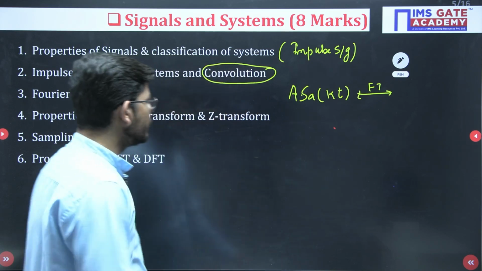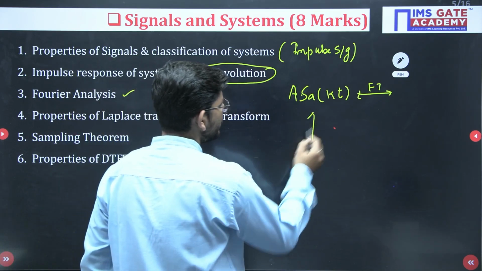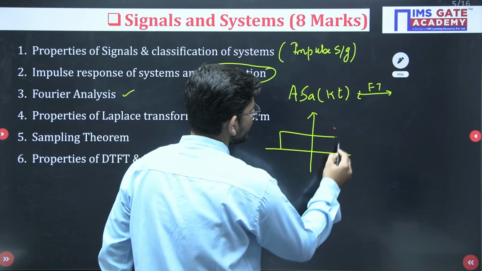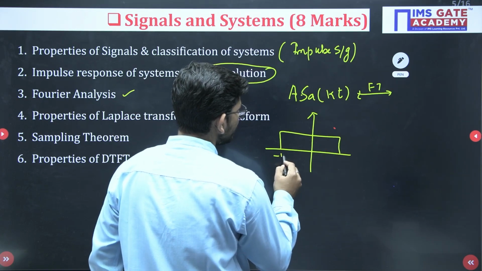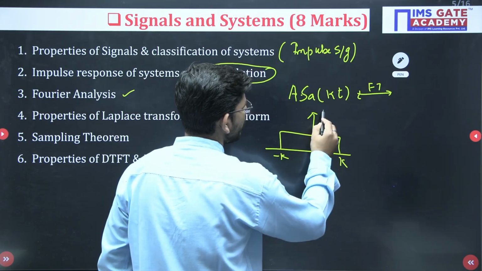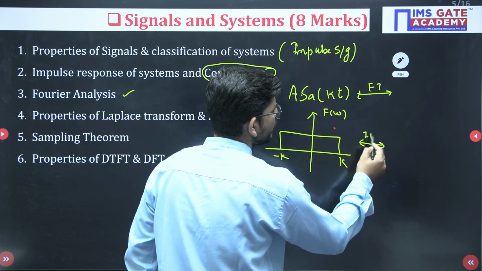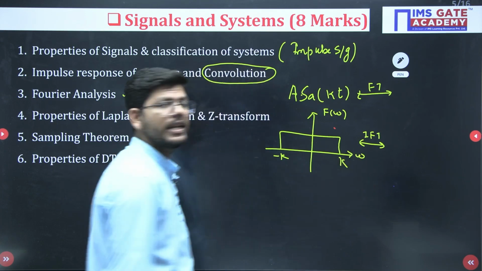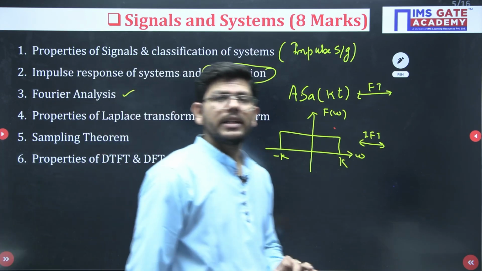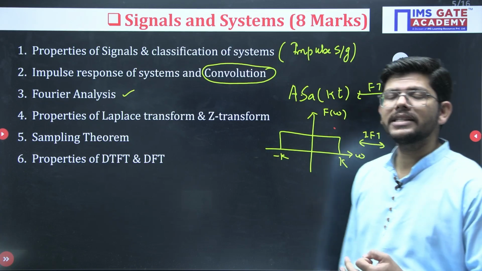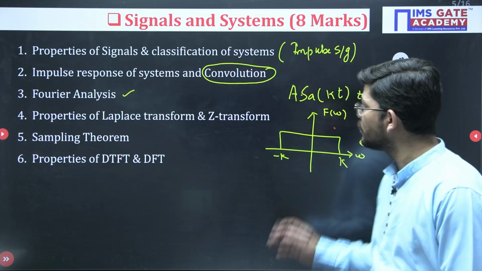Similarly, if you have a rectangular waveform in frequency domain like this, what should be the inverse Fourier transform of it? Questions like this are very important. Okay, they have been asked in the exam a lot of times, so be prepared for these questions.